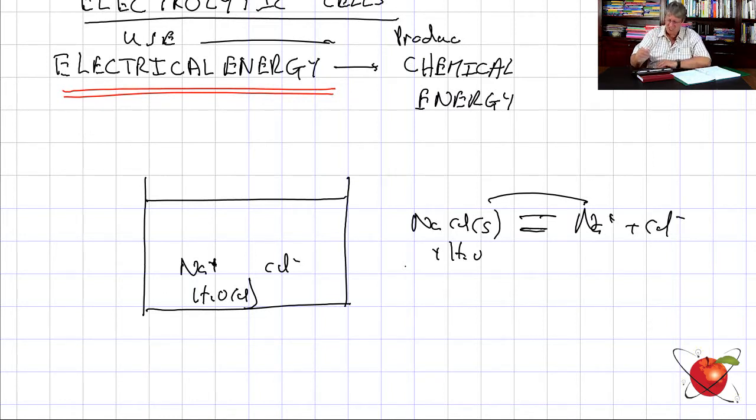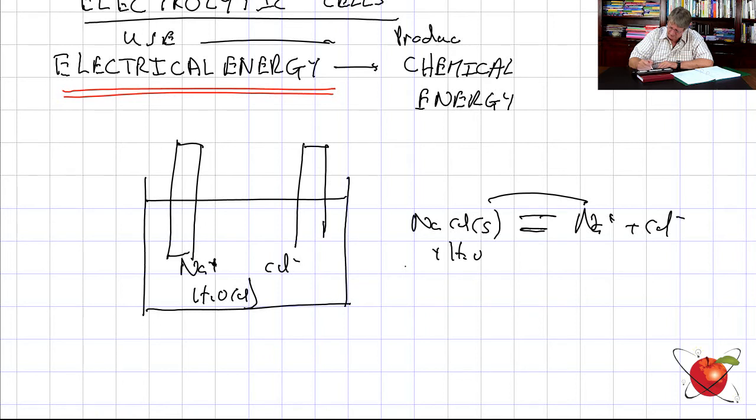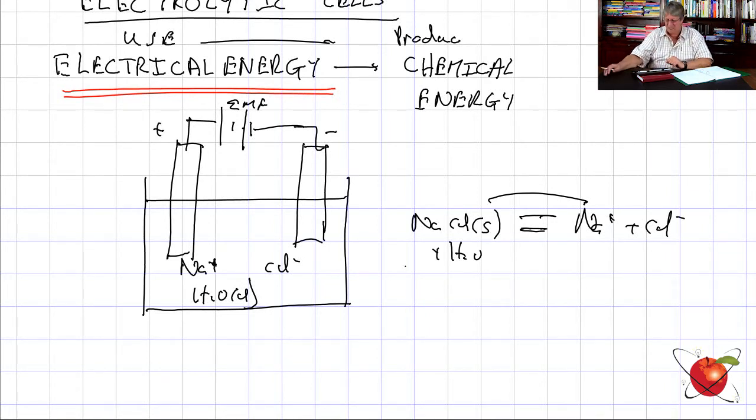Now along we come, and we're going to put our battery in there. First of all, we're going to connect it up like so, and there we go. This is our EMF over there. It's a battery, so I say that's plus and that is minus.